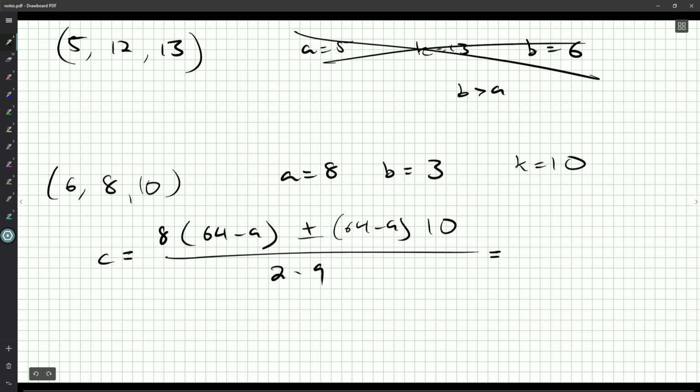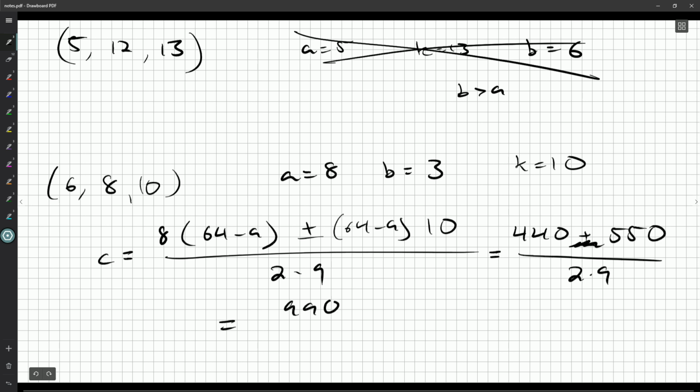Oh, 64 minus 9 will be 55. So I have 8 times 55, so that's 440 plus or minus 550. So definitely the plus category there. Divided by 2 times 9. Now this looks promising.